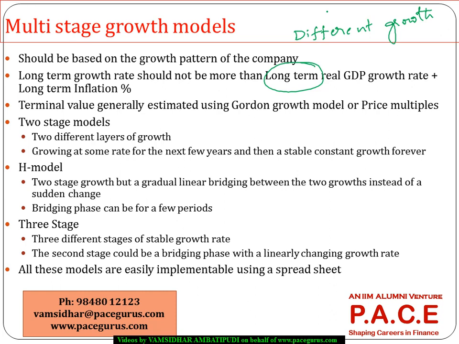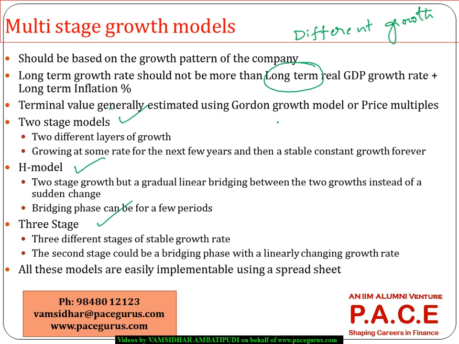Whenever we use the word long-term growth rate, we are looking at it as long-term real GDP growth plus expected inflation during the period. Depending on how many such growth rates there are, we call them by their names: 2-stage, 3-stage, H model. We differentiate them depending on the number of stages of growth they exhibit.